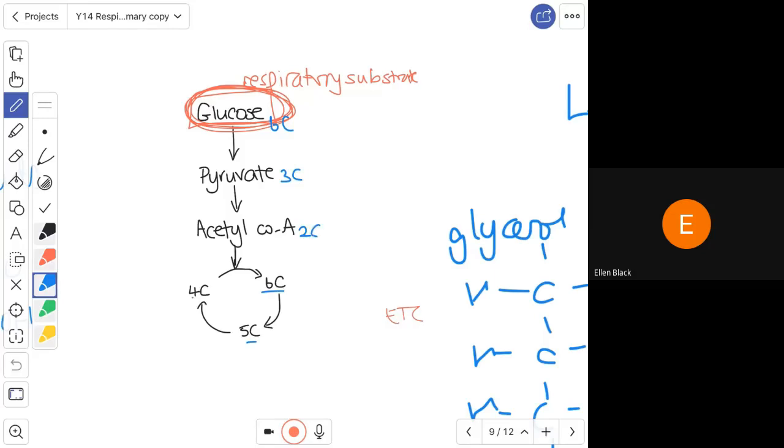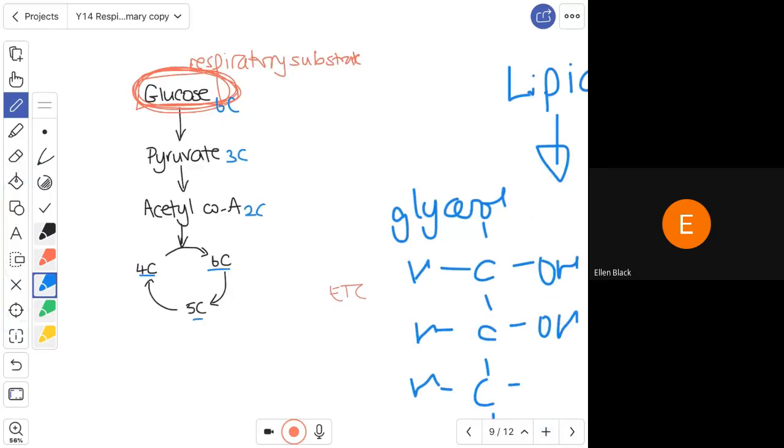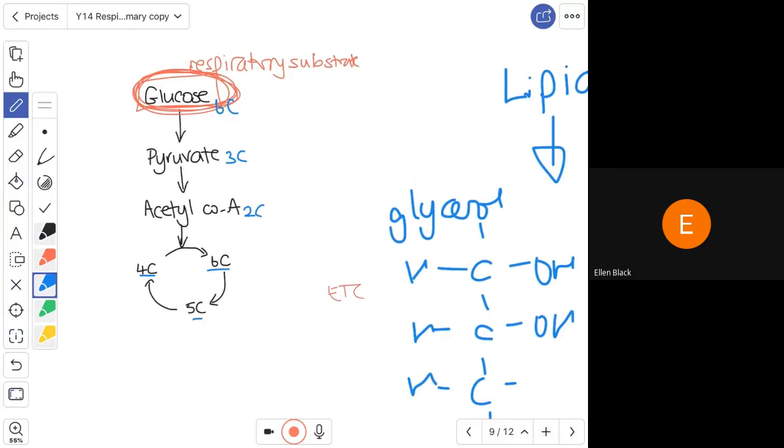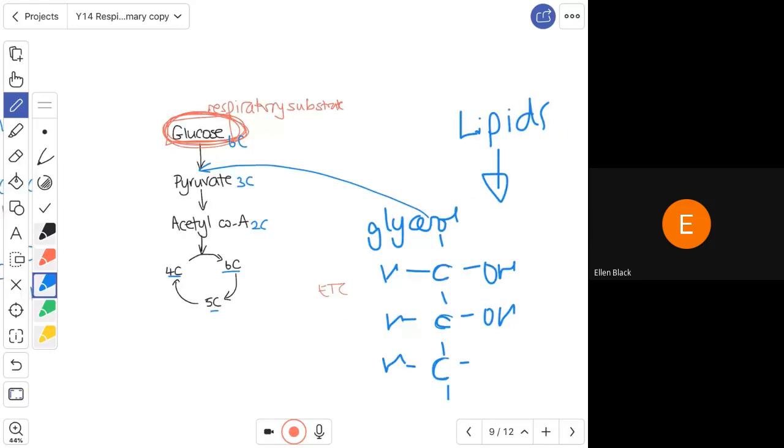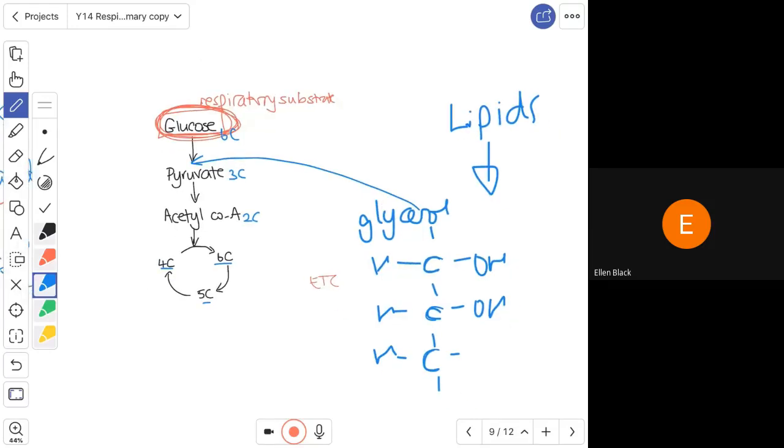And that's because glycerol, as I said, has 3 carbons. It can join at this stage here. It joins just before the pyruvate stage. So if you've had lipid in your diet, so the fatty material in the burger, the lipid gets broken down into glycerol. Glycerol can slot into respiration at this point here.